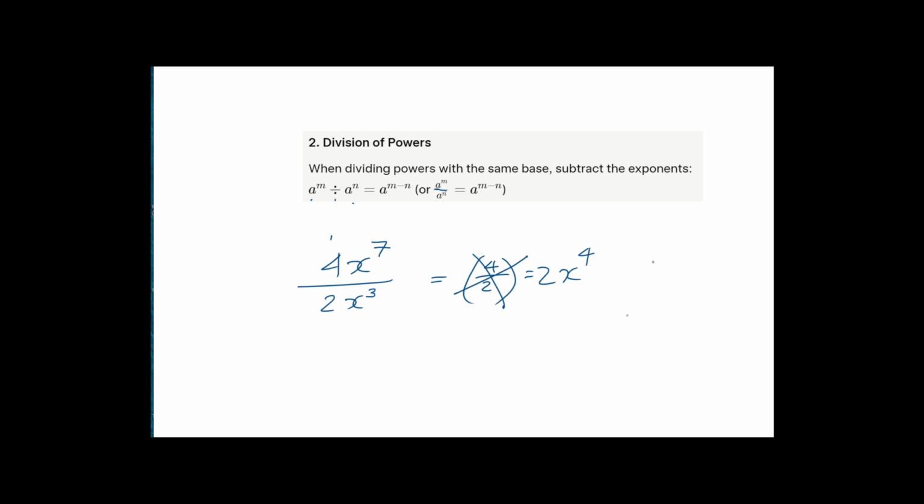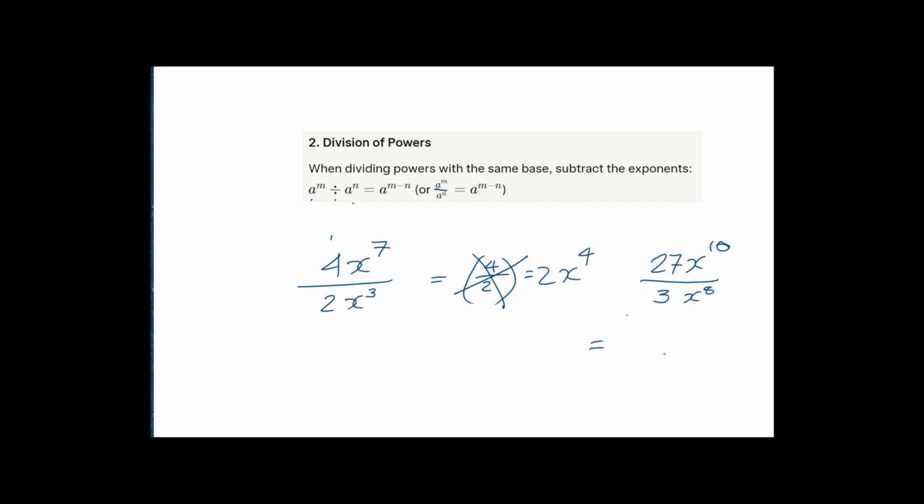Okay, let's say we've got 27x to the power of 10 over 3x to the power of 8.